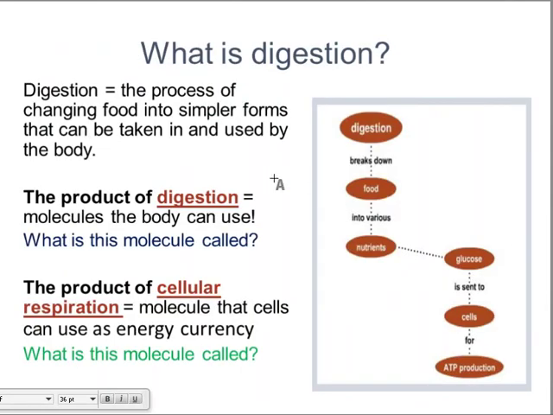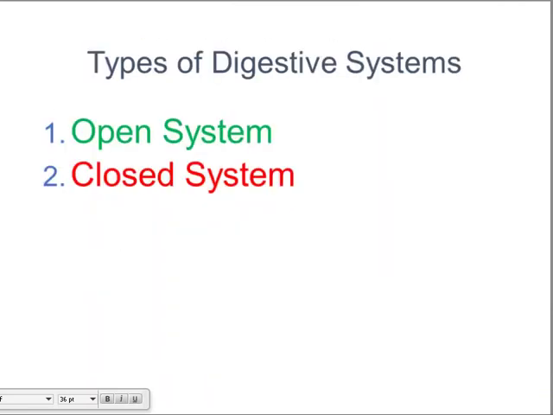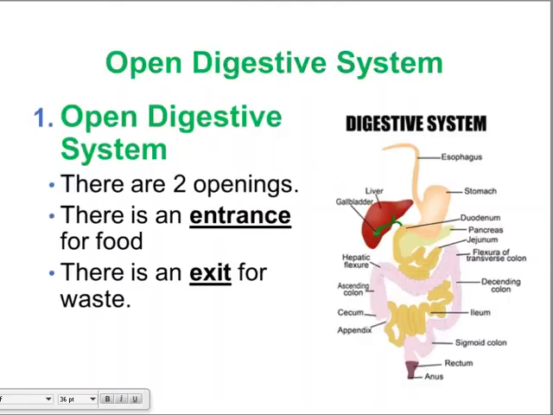So when we talk about digestion, particularly, it's the process of breaking food into smaller forms, okay? So the molecule that we start with is glucose. All right, types of digestive systems that we need to cover are open or closed. And I'm pretty sure that means, open means there's an opening at both ends.